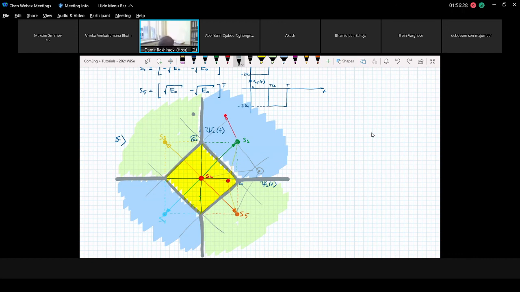You start with the boundary between nearest neighbors, S1 and S2, and then you get these lines in the middle. And also you should plot lines between other neighbors, for example, S1 and S5.